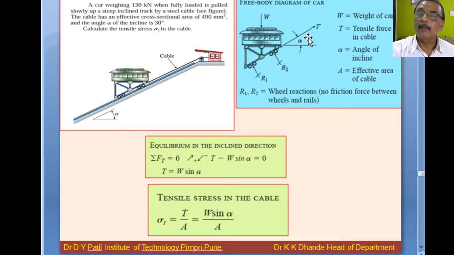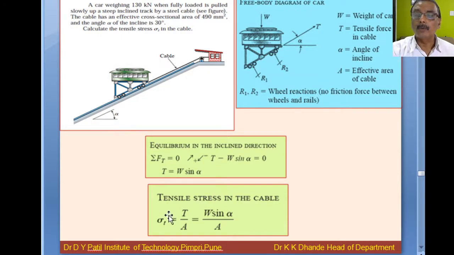After taking the equilibrium condition, T acts on the right hand side and W sine alpha acts in the opposite direction. So T minus W sine alpha is equal to 0. It means T is equal to W sine alpha.